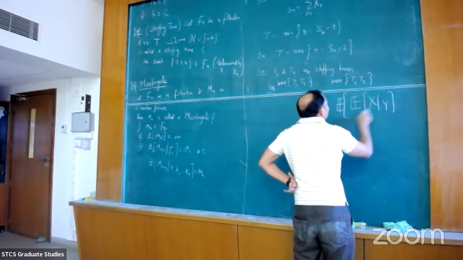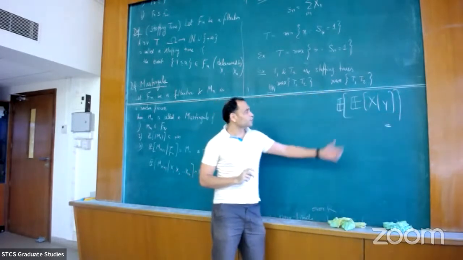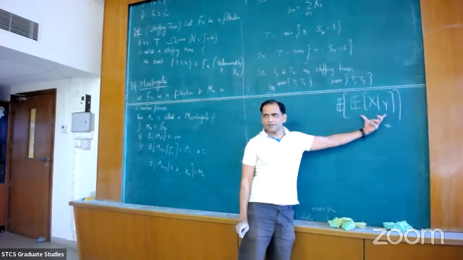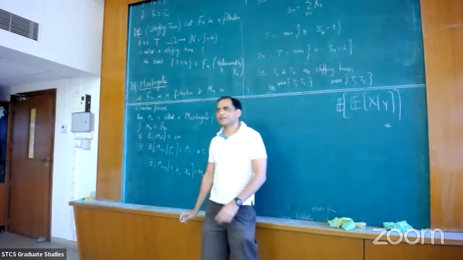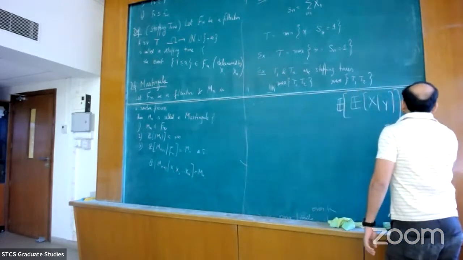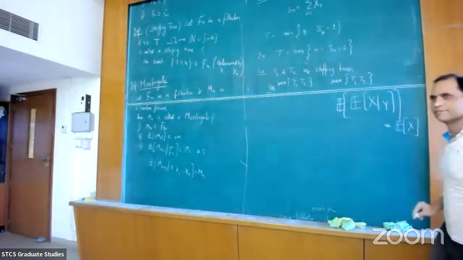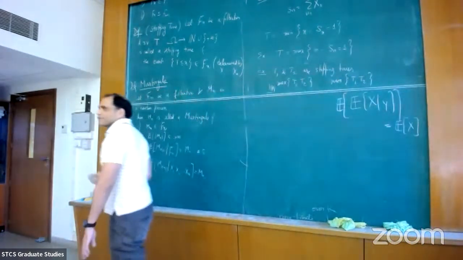If I take another expected value, what is this equal to? The inside thing is a random variable, but once I take another expectation, it's basically a number. What is it equal to? It is equal to the expected value of X. If you use this formula, you should be able to say what you wanted to say.